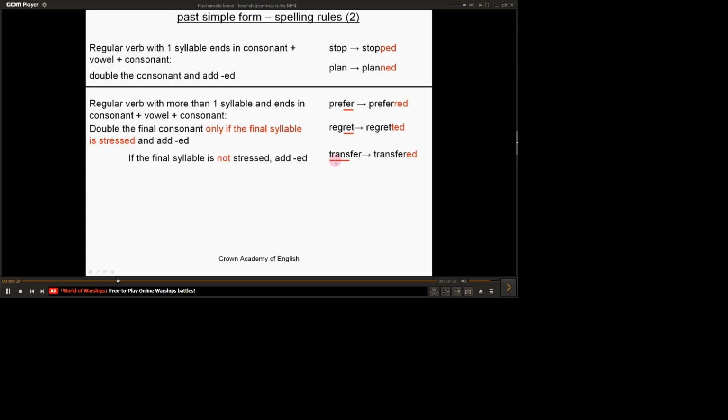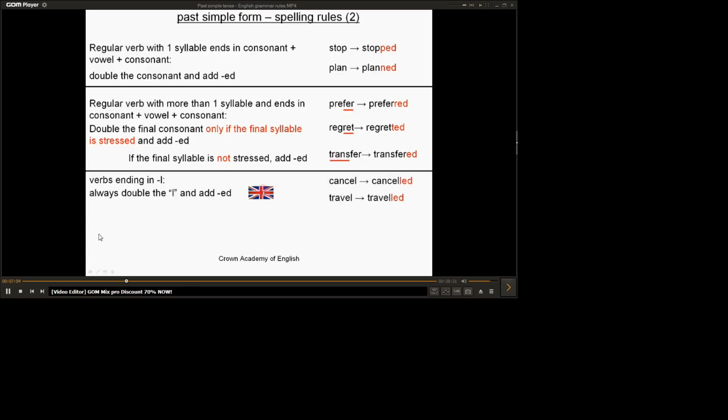For verbs ending in a letter L, we always double the L and add ed. For example, cancel, cancelled, travel, travelled. Now this is a rule only for British English.